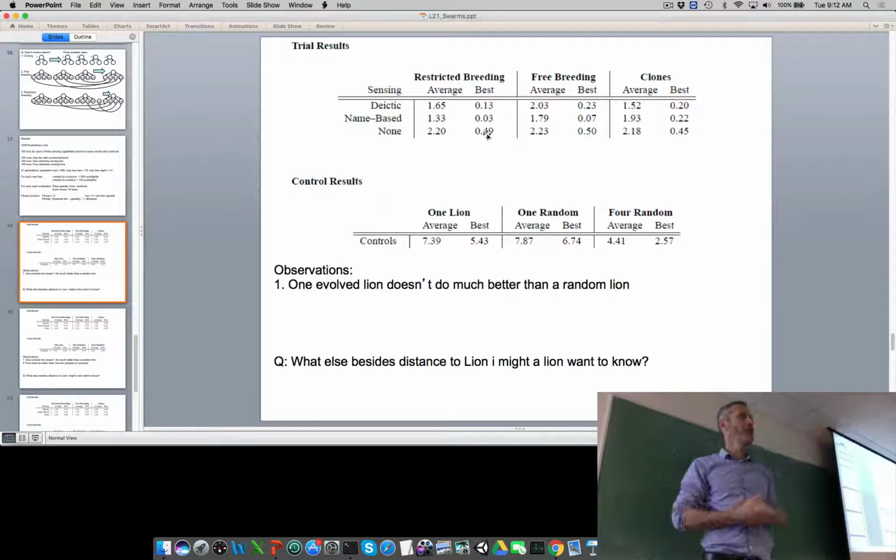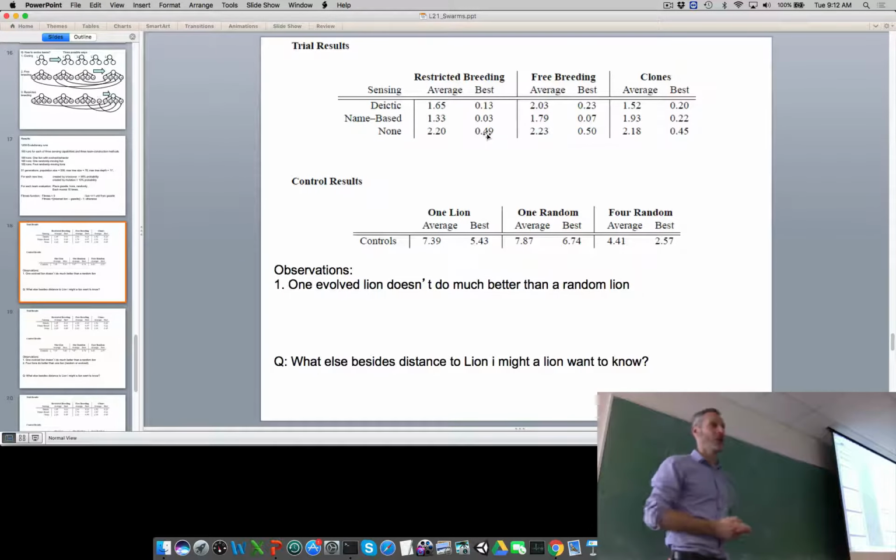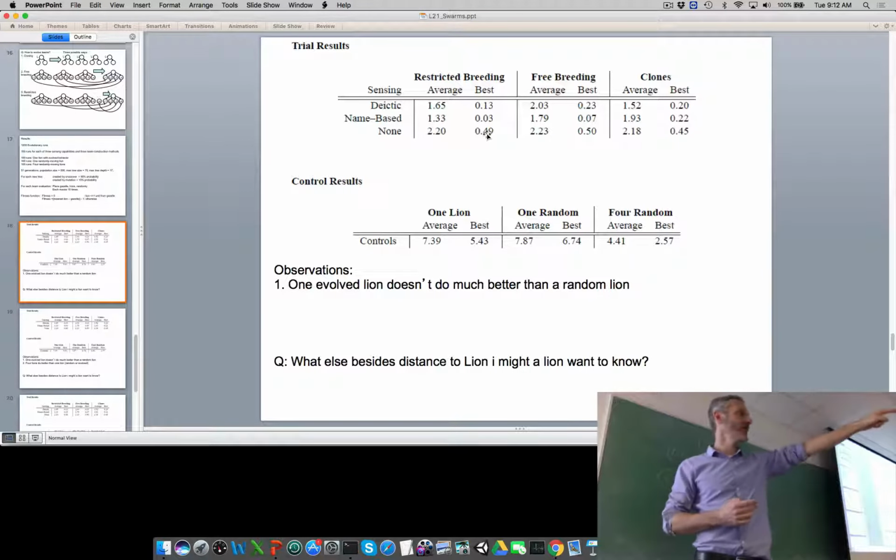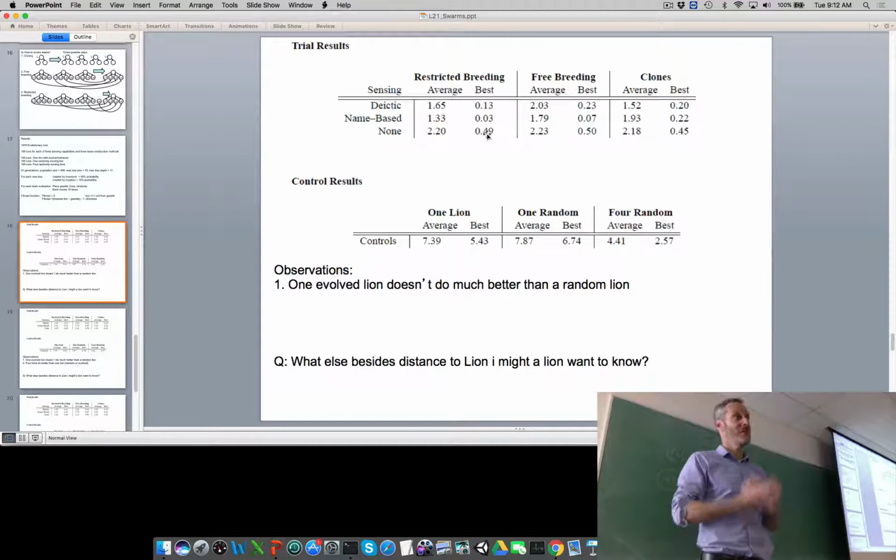What does L1 do? Same thing, right? So L1 is over there. It is also running this controller L1, which in its case connects it to the gazelle. It moves towards the gazelle, right? Which is maybe not such a bad thing to do. Do I move towards the gazelle?